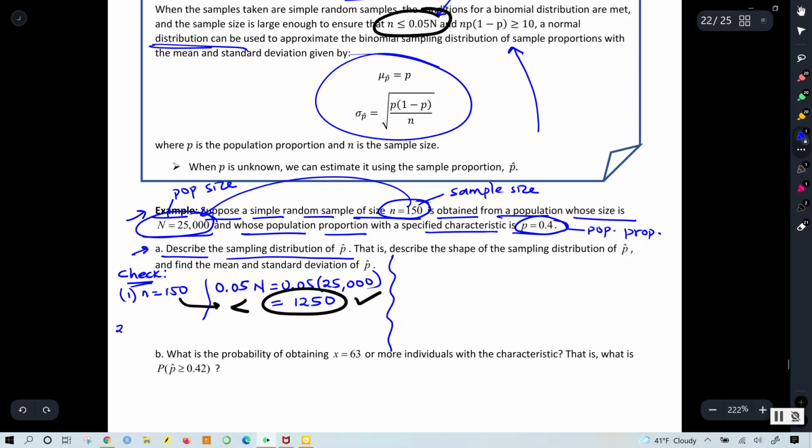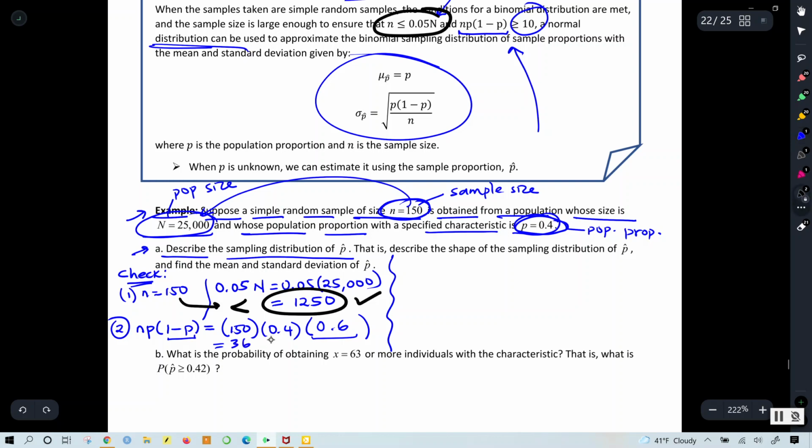The second condition is to check the value of n times p times 1 minus p. Calculate it, then check if it is greater than 10. Let's go ahead. N times p times 1 minus p. Our n is 150. Our p is 0.4. Then 1 minus 0.4, which is the last part right here, is equal to 0.6. And that is equal to 36 by my calculations.